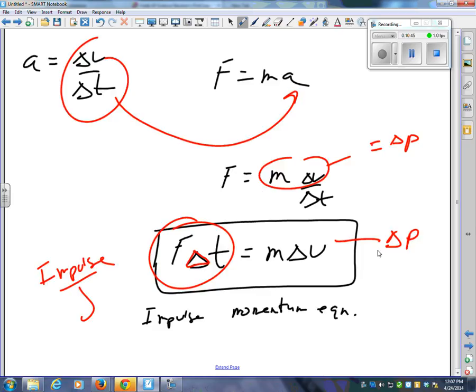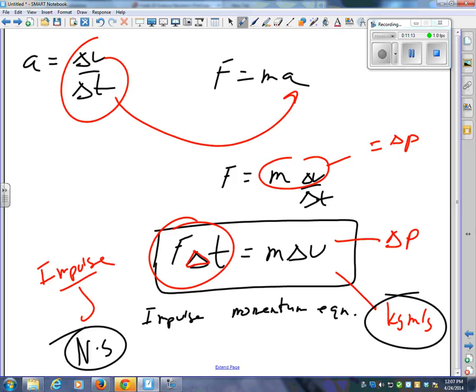Okay, so what would be the units for the mav part, the delta mv? I'll put that in green. The units here are going to be kilogram meters per second. F delta T, the impulse, is measured in Newton seconds.